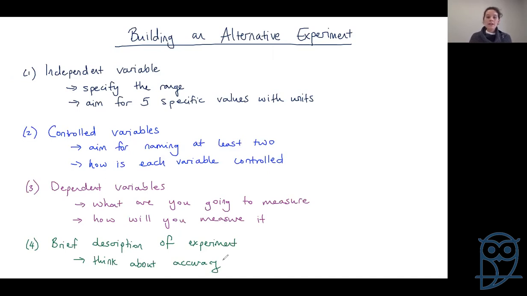Because remember, when it comes to control, you've got two aspects of control. One is you controlling the situation, and the other is that you're controlling the variables that could impact on the situation. So if we're going to control the situation, we want to make sure that every test tube is exactly the same, except for the thing that we want to change.